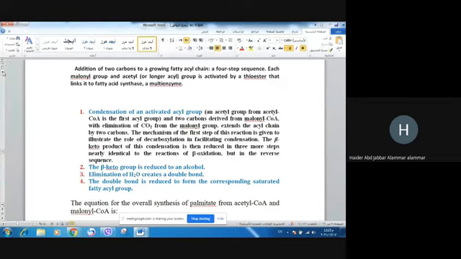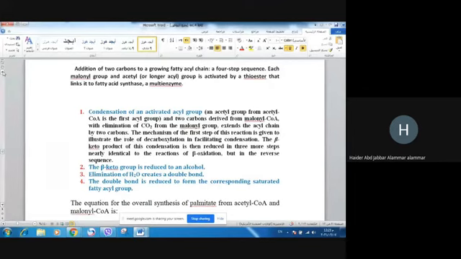The first step is, as we said, the condensation of activated acyl group in form of acetyl coenzyme A and two carbon derived from the malonyl coenzyme A, which is formed by carboxylase enzyme, to form a 4 carbon atoms compound, and this will extend the acyl chain by 2 carbon.